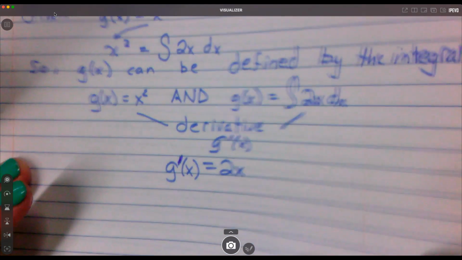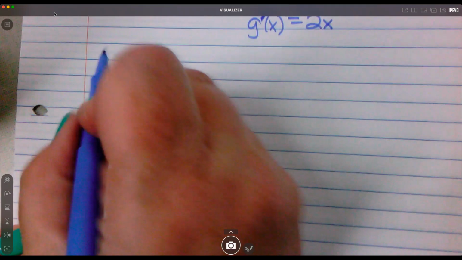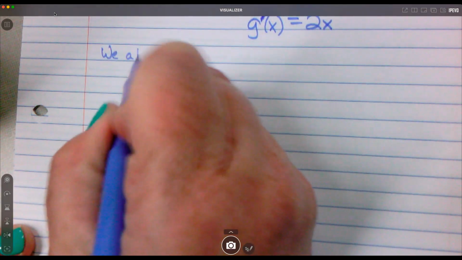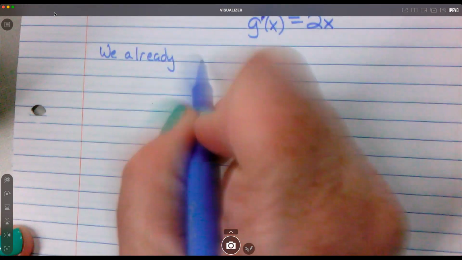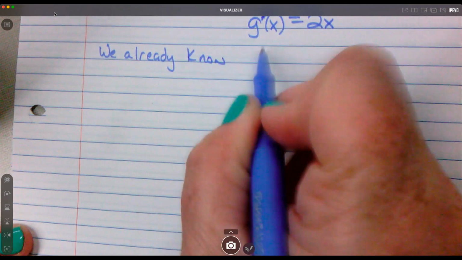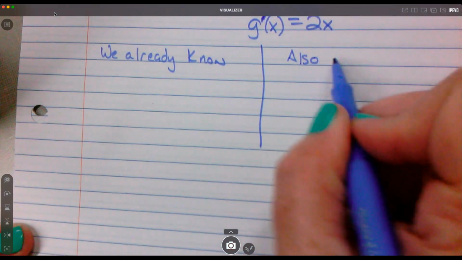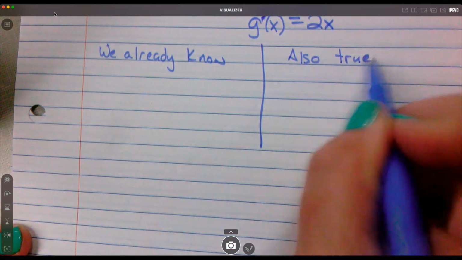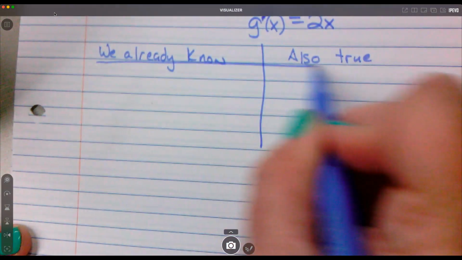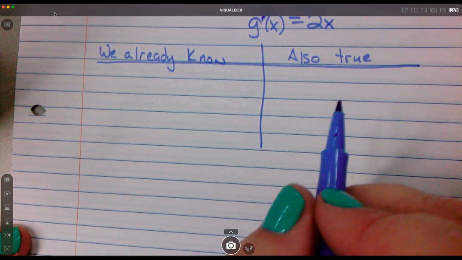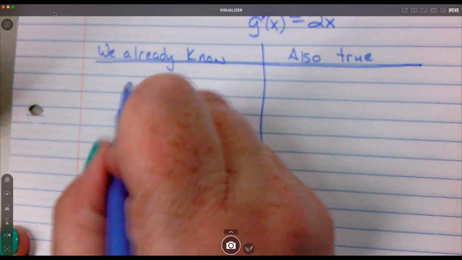And so we're going to actually just write that again in a little bit of a table. Here's what we already know. And here is what is also true. And we're just kind of going through this again.